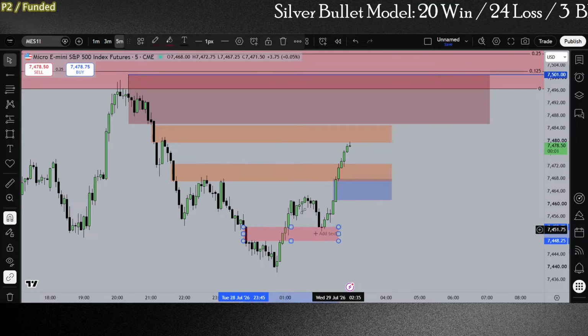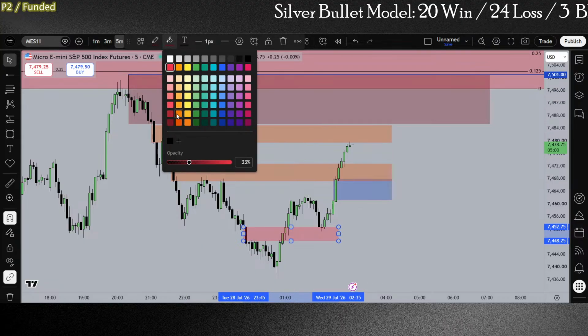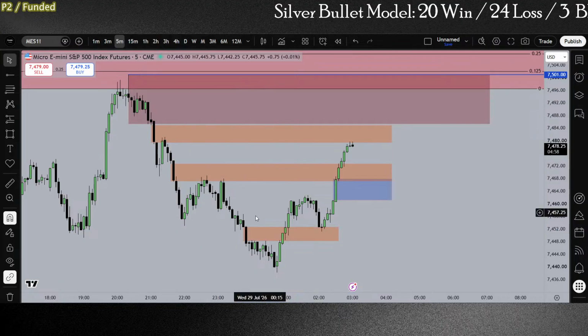This inversion fair value gap, beautiful response at the exact beginning of the London open session, kill zone. And then price rallied nicely higher. I like that. Going above this inversion and into this one here.